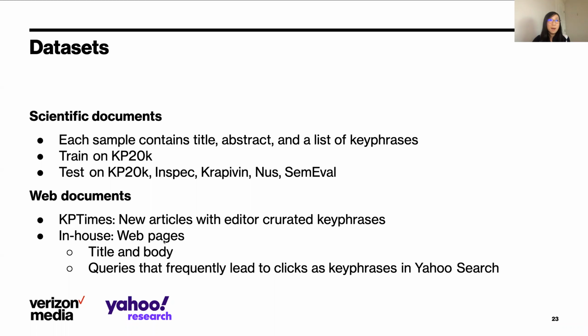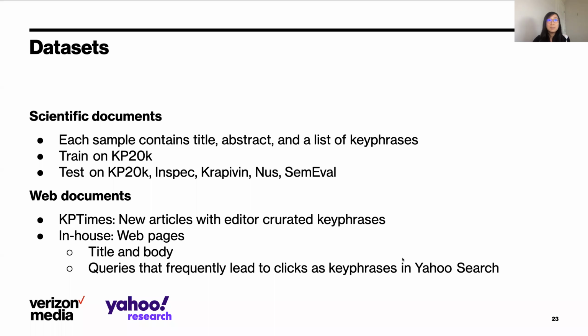And then within Yahoo, we are working on advertising, trying to use this technique to generate key phrases. So we are randomly sampling some web pages and use the title and the body of those pages to serve as the input document. And the way that we generate the key phrase is that we are using the search log from Yahoo Search.